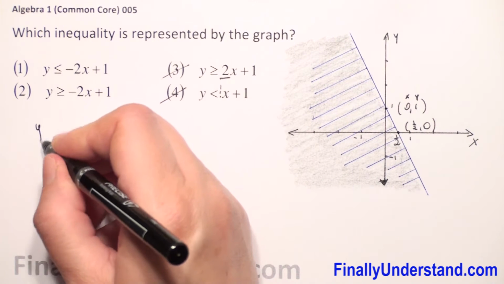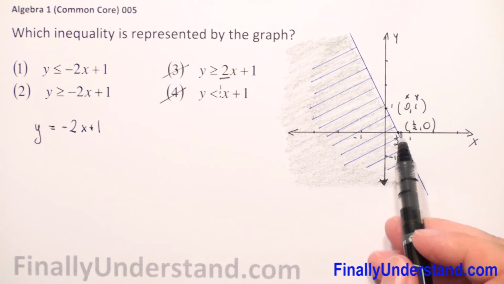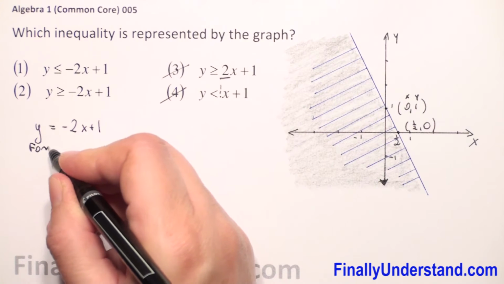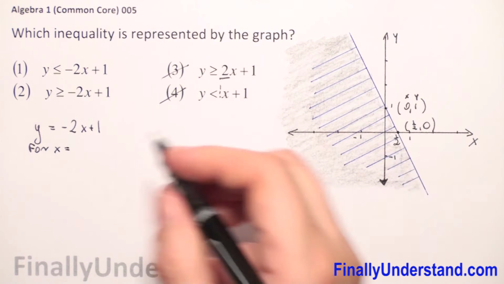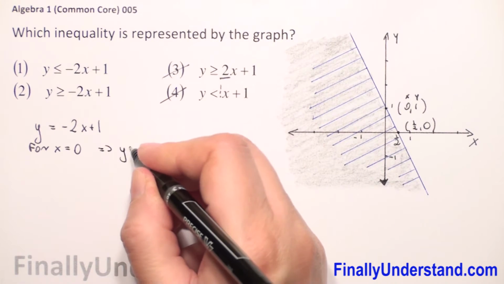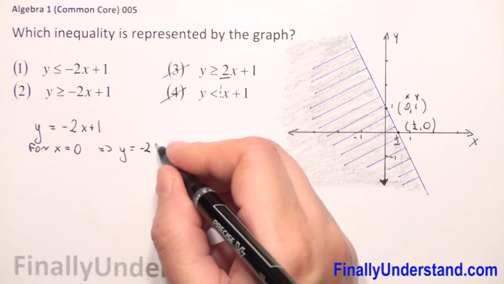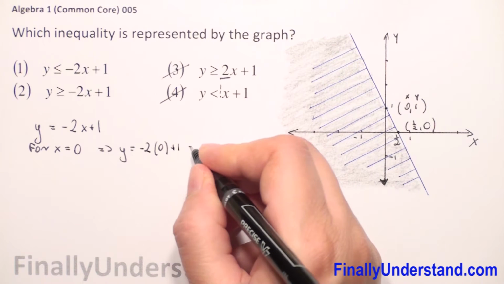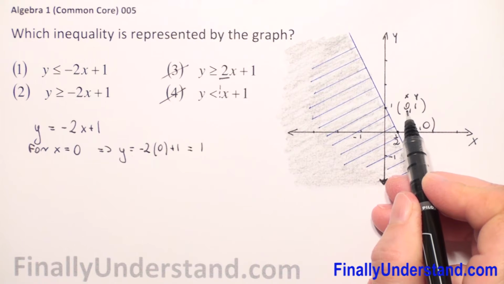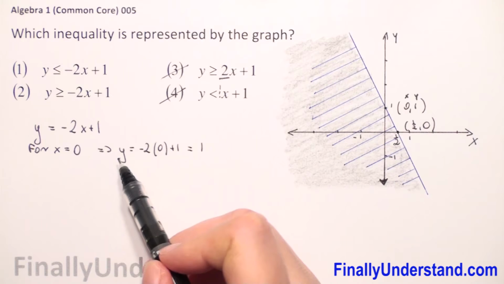We have this equation, y is equal to negative 2x plus 1. Let's see. For x equals 0, the first coordinate, what will y be? We substitute x by 0, so we have negative 2 times 0 plus 1, which is equal to 1, so y is 1. So this point 0, 1 belongs to our equation.